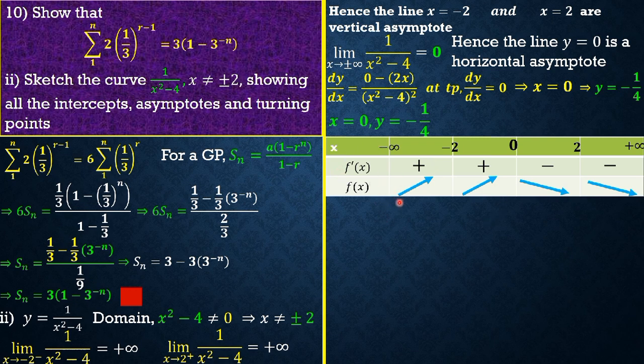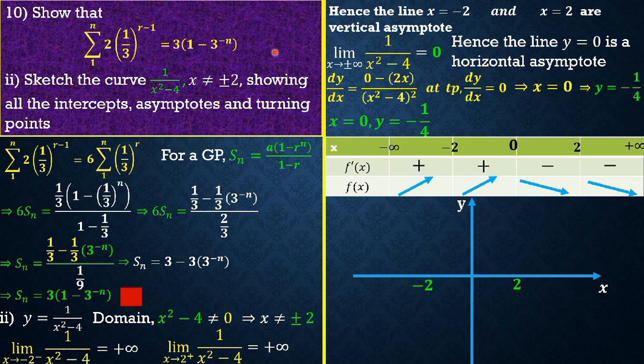Now, guys, let's sketch our curve because we have everything now. Let's call this the y-axis and this the x-axis. Let's insert all the values that we need. We need -2 and 2 because they are our asymptotes, vertical asymptotes specifically. The first thing you start by indicating are the asymptotes, and they are drawn with broken lines.